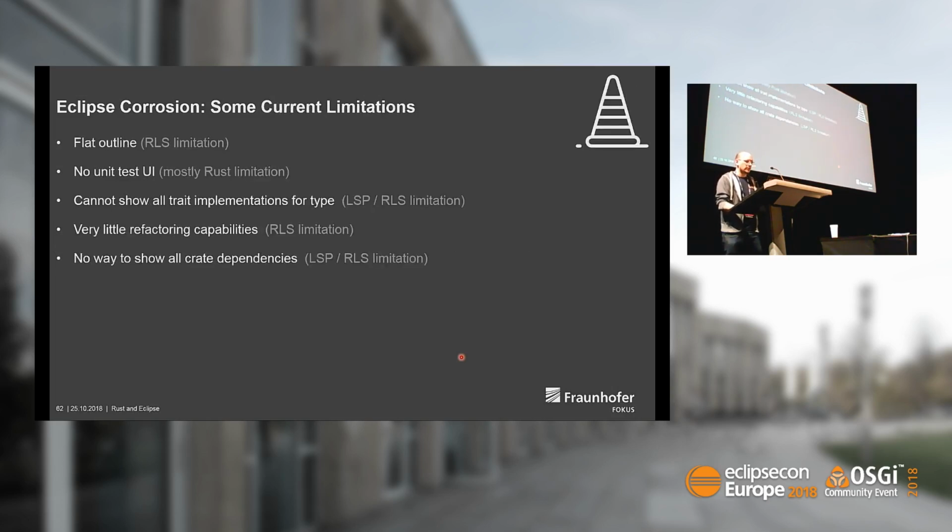But there are some limitations, and most of the limitations are because of the RLS being so limited, all right? So flat outline view, there's no tree view in the outline. There's no good unit test UI, and not that much refactoring, and a couple of other minor things, all right?